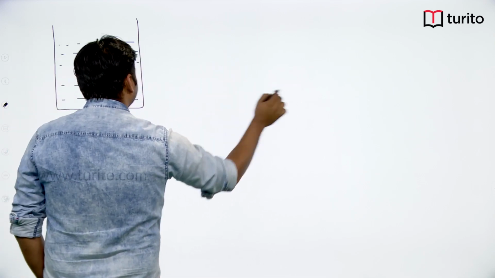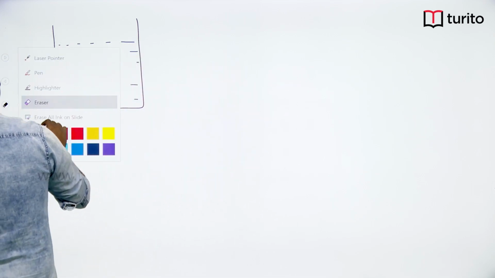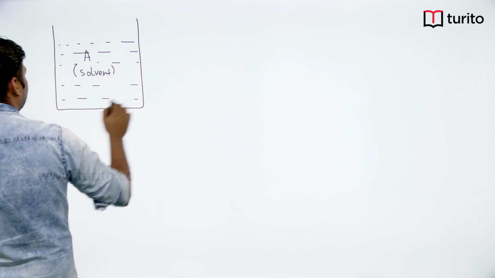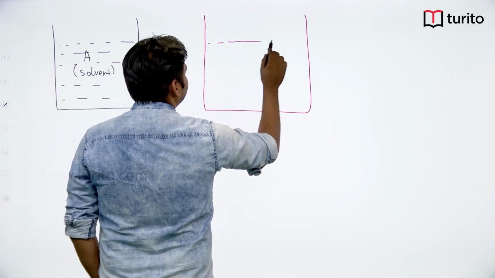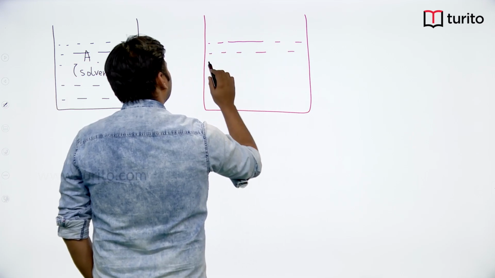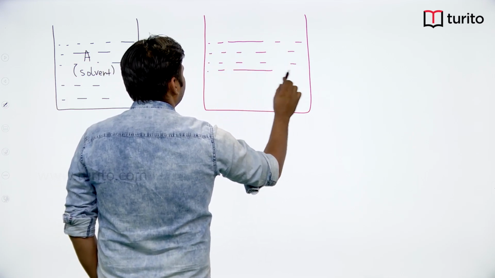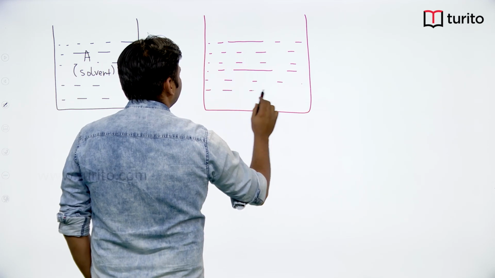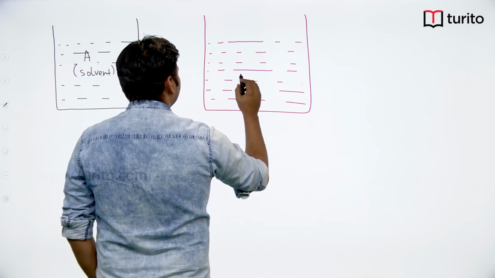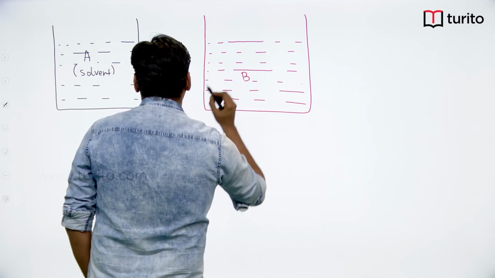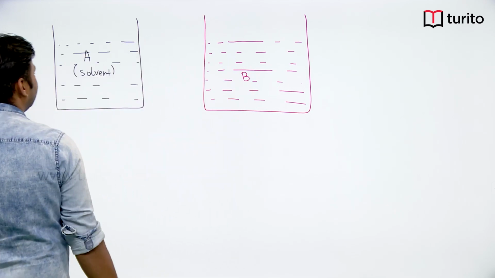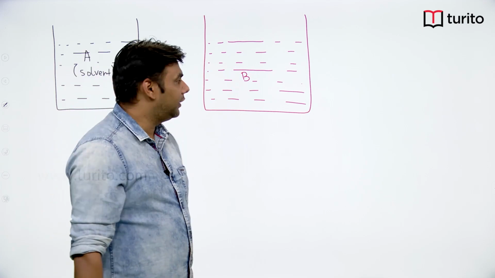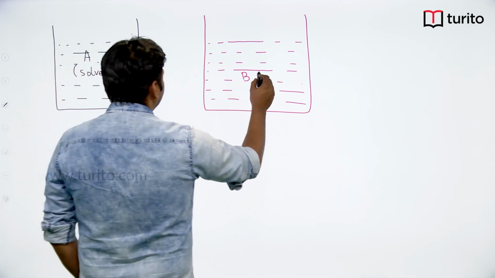We are having a container that contains solute, and another container that contains some other solution, that is B. It can be a solute, it can be another solvent also. So we know that there are two solutions, A and B. Hope this is clear to everyone. Now let us call this the solute.